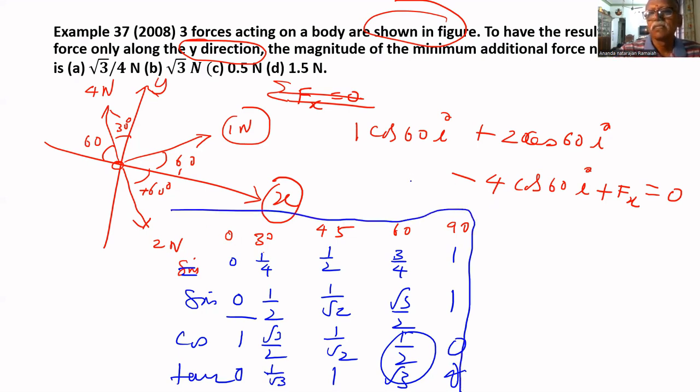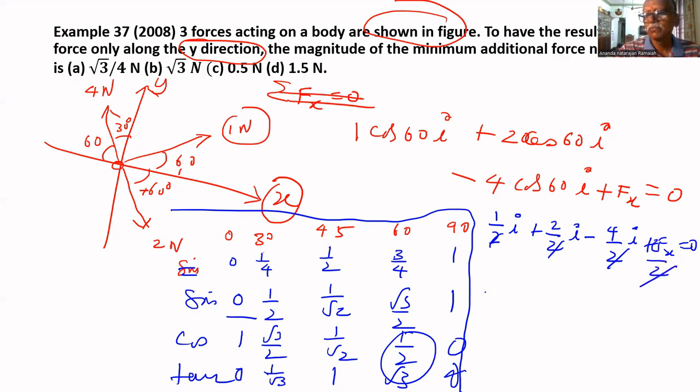So with 1 by 2, what you get is 1 by 2 I plus 2 by 2 I minus 4 by 2 I plus fx equal to 0. Therefore, the 2s you can cancel because the right side is 0.